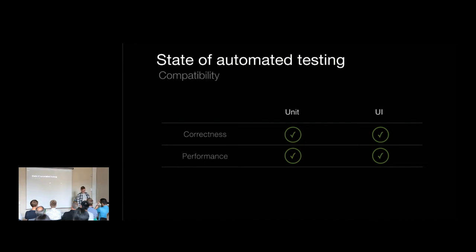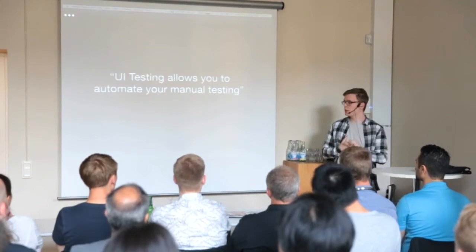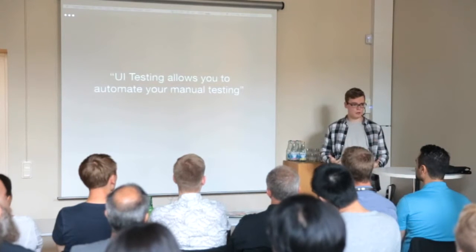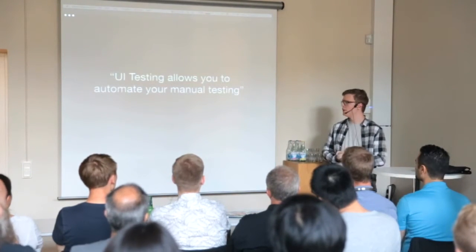Now, you may ask, what is UI testing really? Well, UI testing allows you to automate your manual testing. So think about, when you're doing manual testing of your applications, what are you actually doing? Well, you're navigating around your application. And you're also making sure the things are appearing as you expect them to appear, and that they behave the way you expect them to behave.